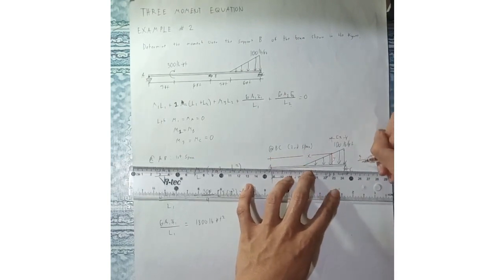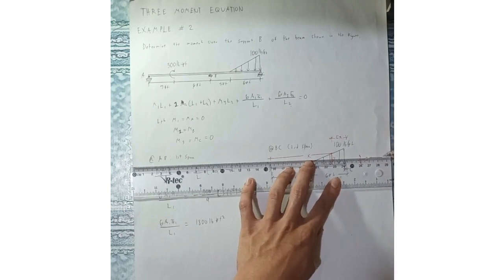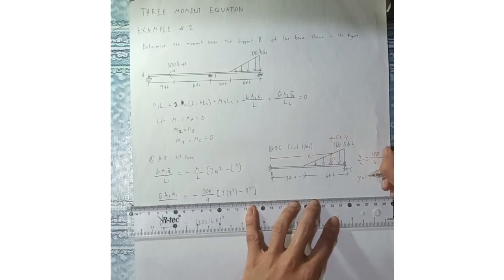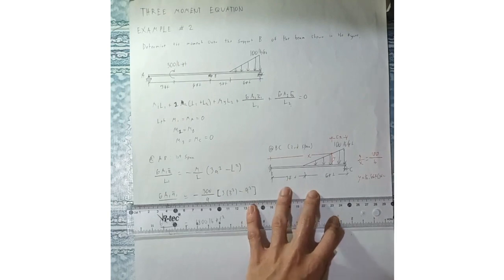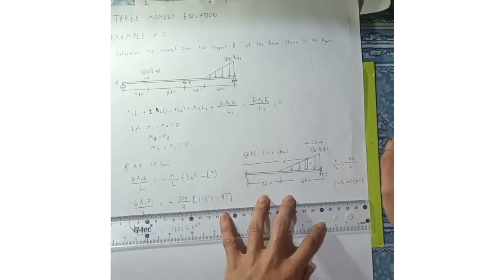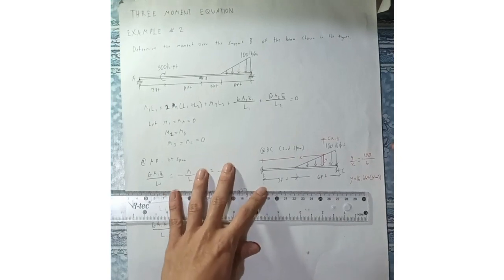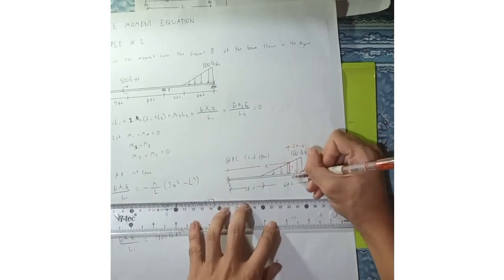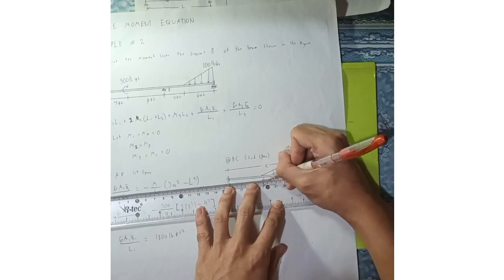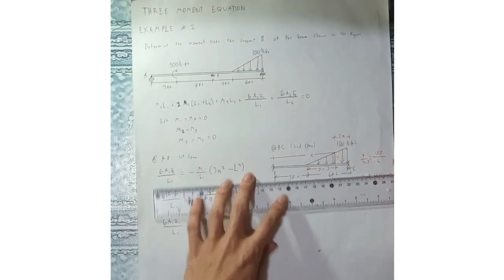So y over x equals 100 over 6. So y is equal 16.667 times x minus 30. I mean x minus 3 pala. Kasi dito x minus 3 to. The proportion part.